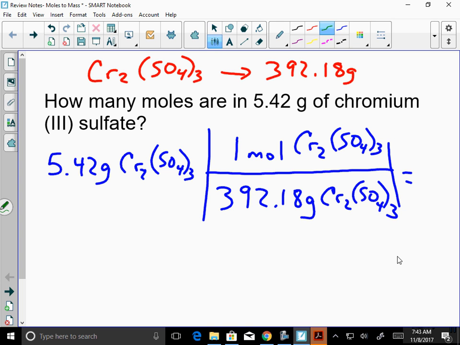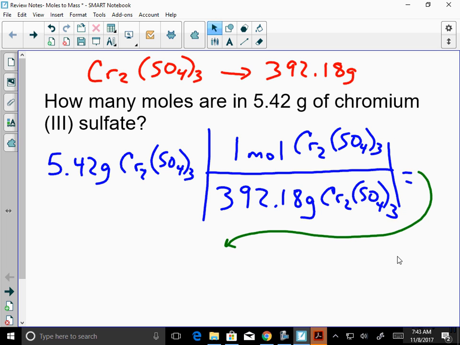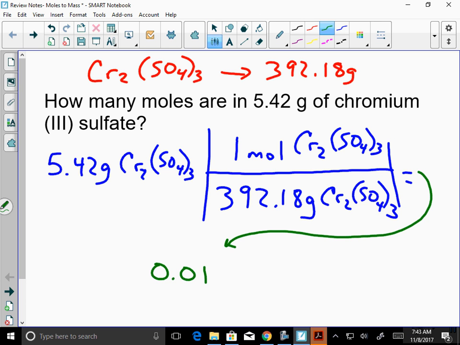When I do my math, I'm going to bring my answer down here. So I am going to take the 5.42 grams, multiply that by 1, then divide by 392.18, and I'm going to get a value of 0.0138201.